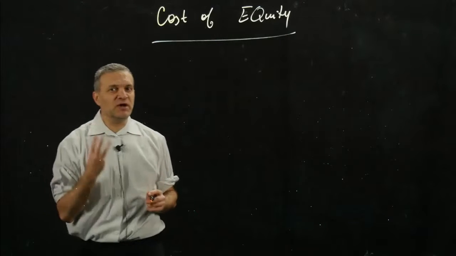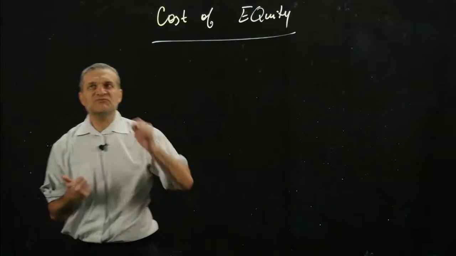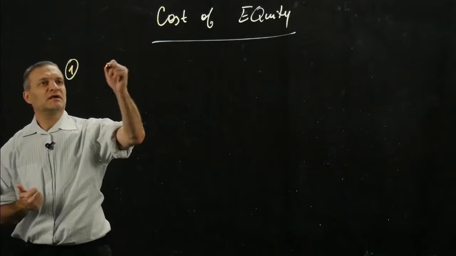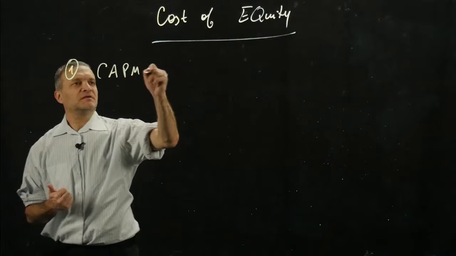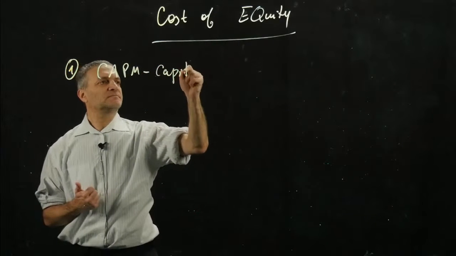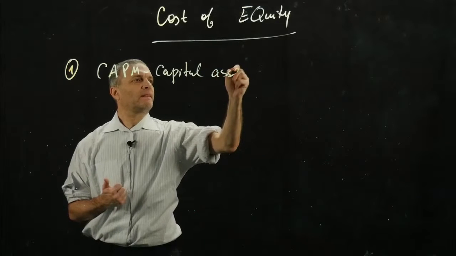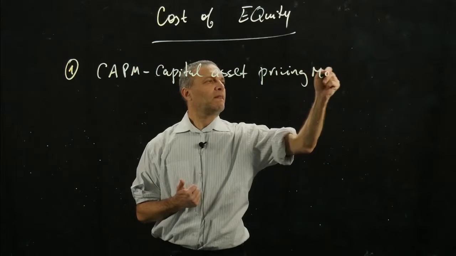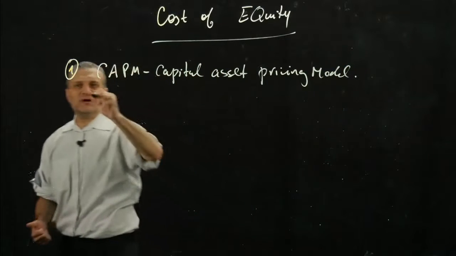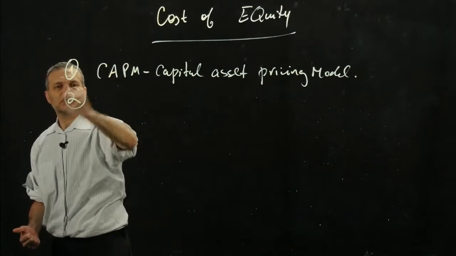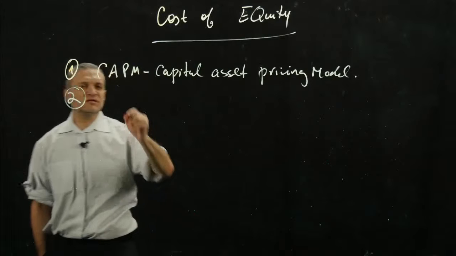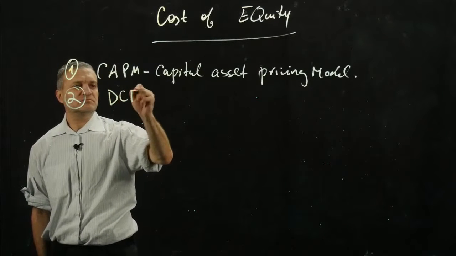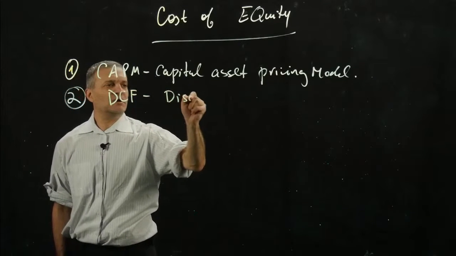We have three ways to do it. The first way is through CAPM, the capital asset pricing model. The second way is through the discount cash flow model.